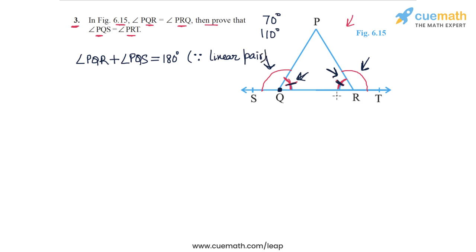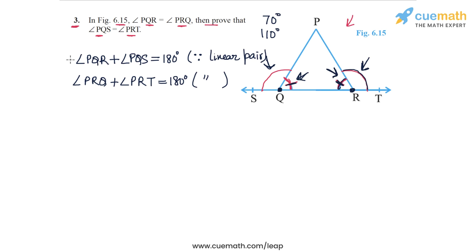Alright. Similarly, if you take the angles formed at R, angle PRQ and angle PRT, their sum should also be equal to 180 degrees. So we write angle PRQ plus angle PRT. This sum should also be 180 degrees because these two angles form a linear pair of angles.